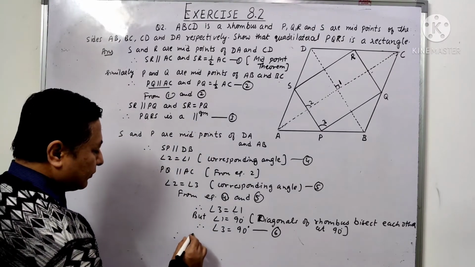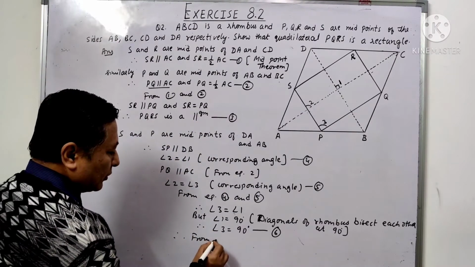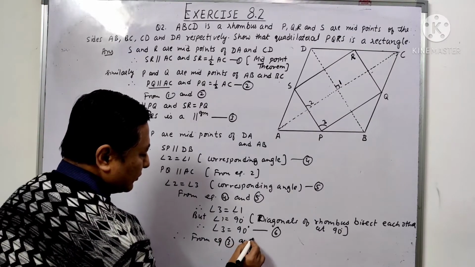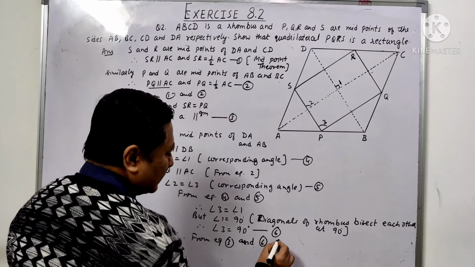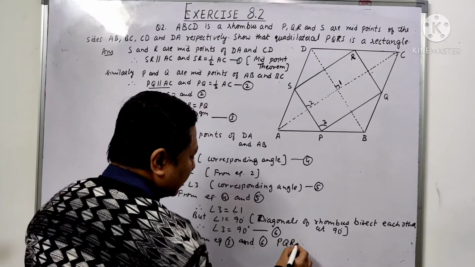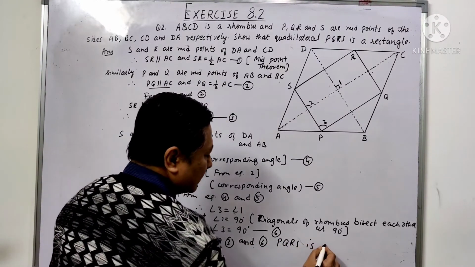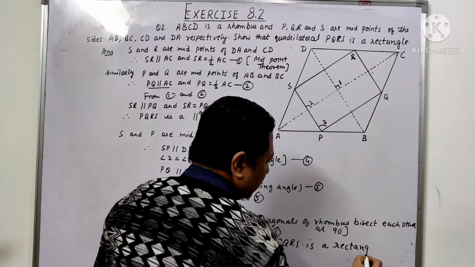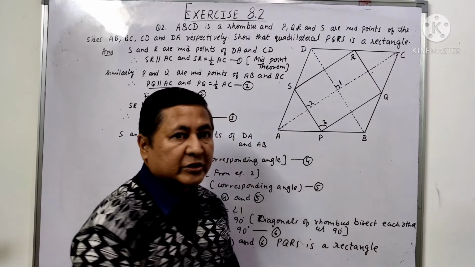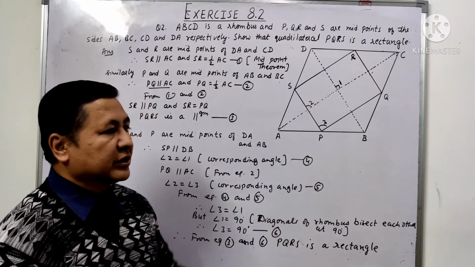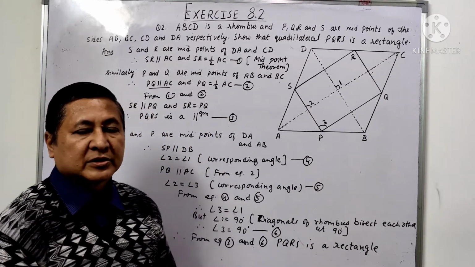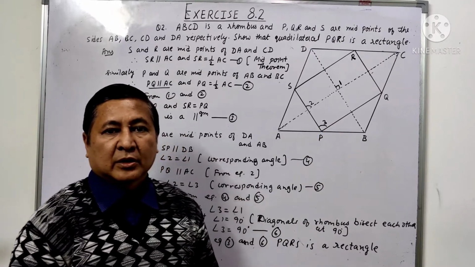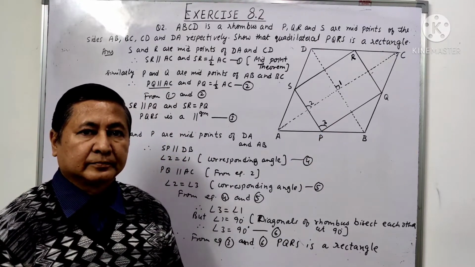Therefore from equations third and sixth we can say that PQRS is a rectangle. So we have proved that when we join the midpoints of the consecutive sides of a rhombus, then the quadrilateral which is formed is a rectangle.